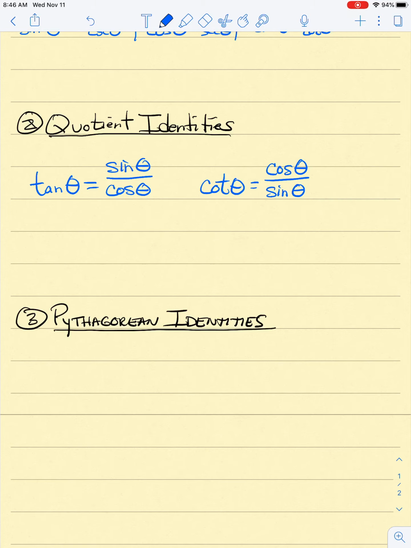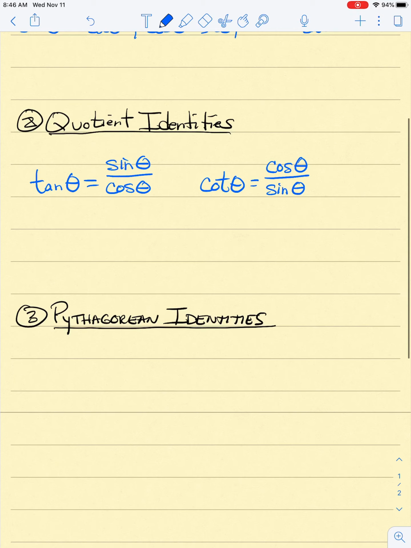Again, they're reciprocals of each other, so their quotients are reciprocals. Those are your quotient identities. You'll find those 2 listed on the trig sheet in your packet as well. Maybe you take a highlighter and highlight those 2 sections.